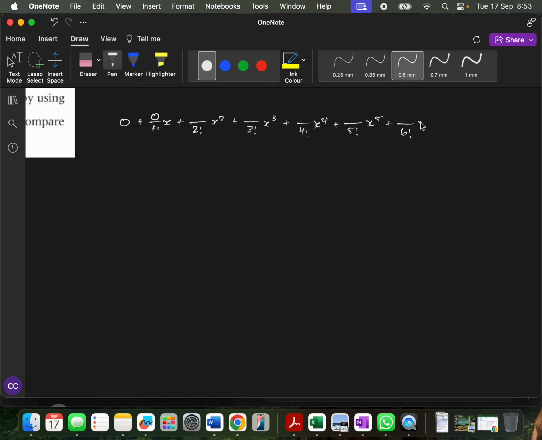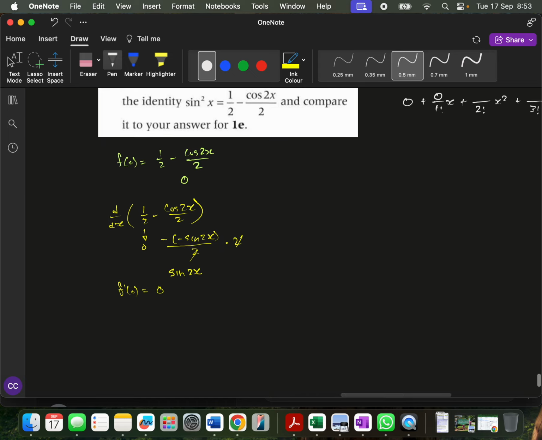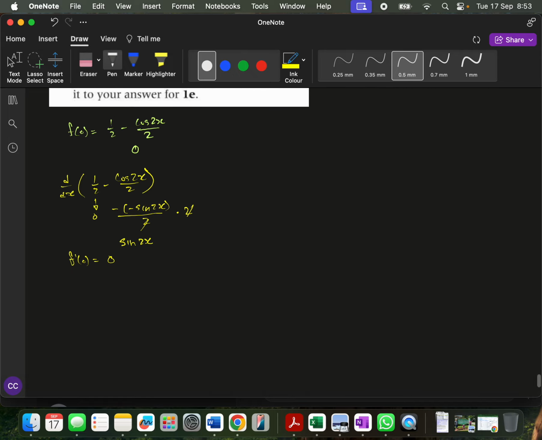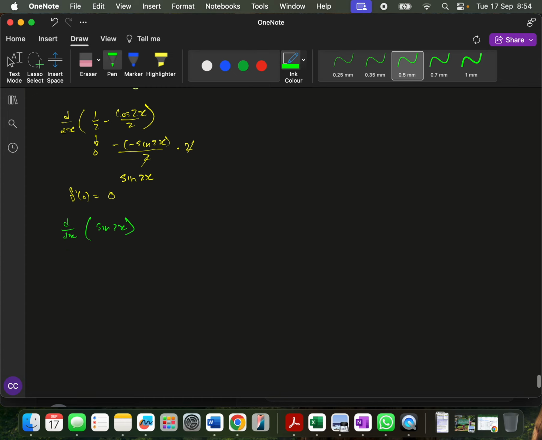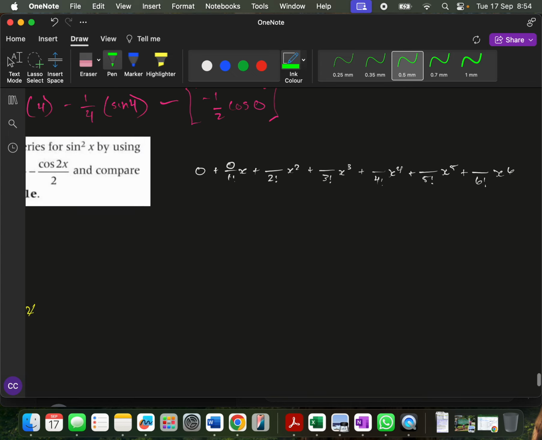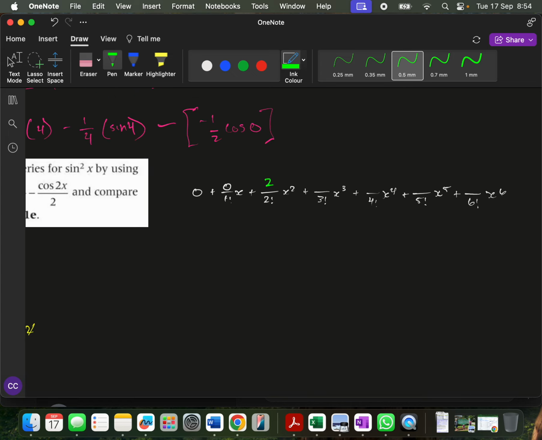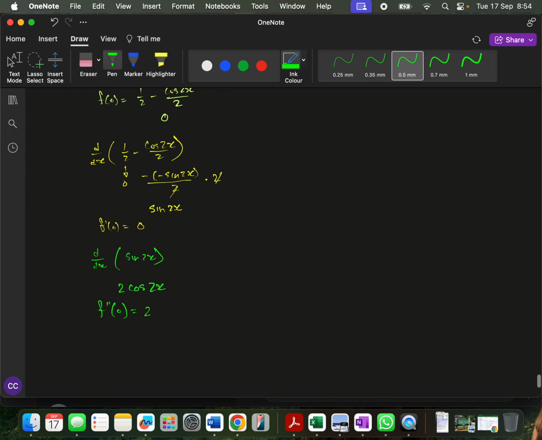I should have enough information by the time I get to here that I can write down the series in sigma notation. So let's do our next derivative. d/dx of sine 2x is going to be 2 cosine 2x. If I evaluate that second derivative at 0, I would just get 2. So 2 is what is over there.